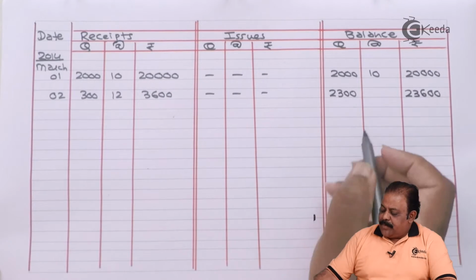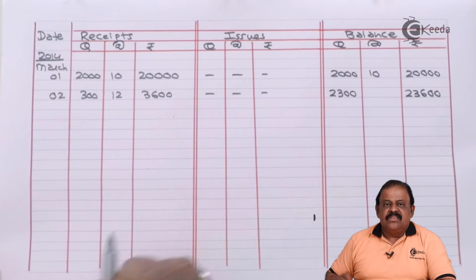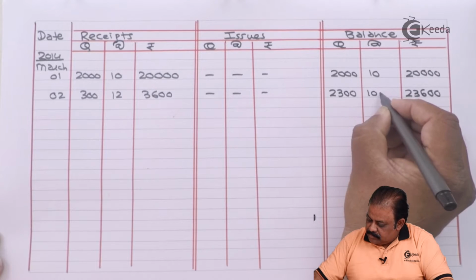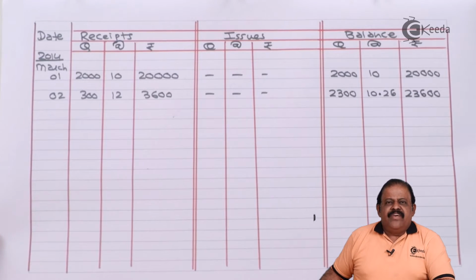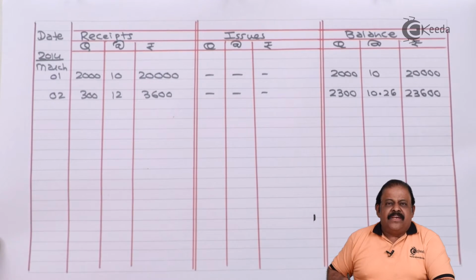Now we can arrive at per unit by dividing 23,600 by 2,300. So weighted average cost is 10 rupees 26 paise per unit.